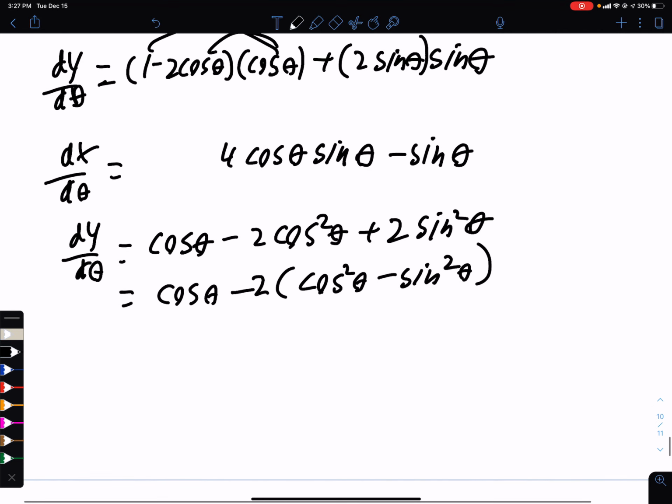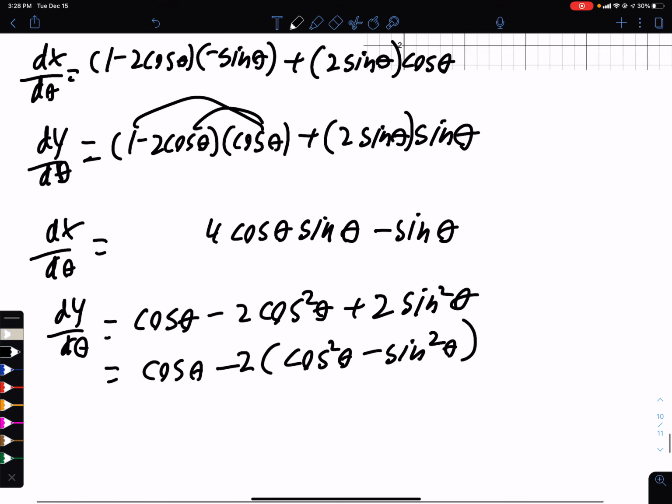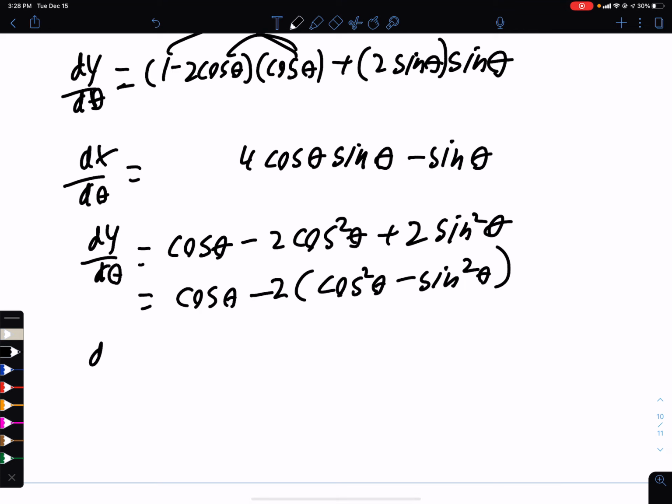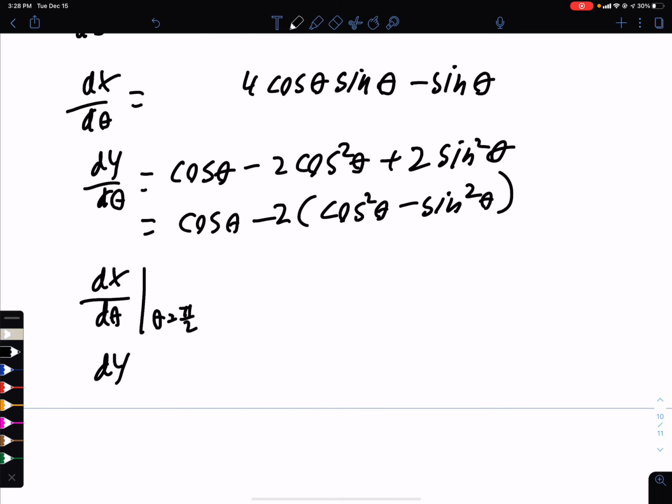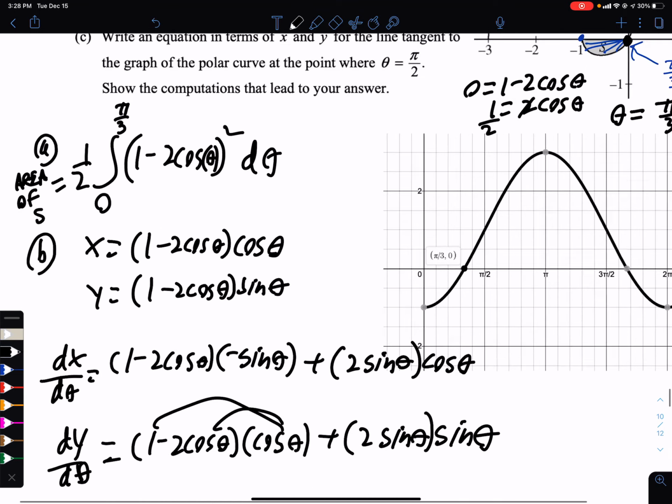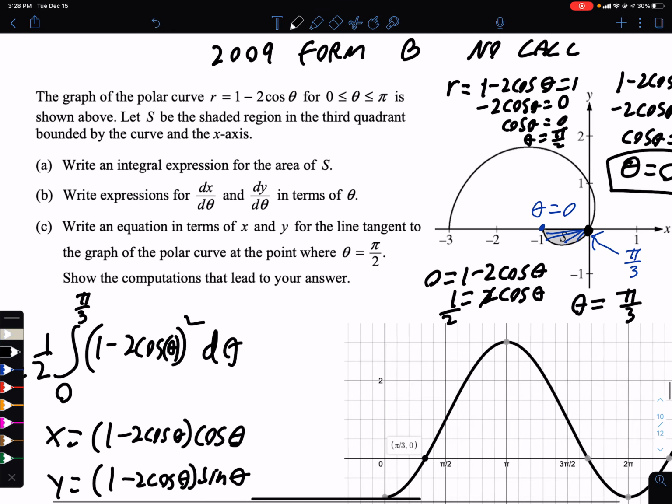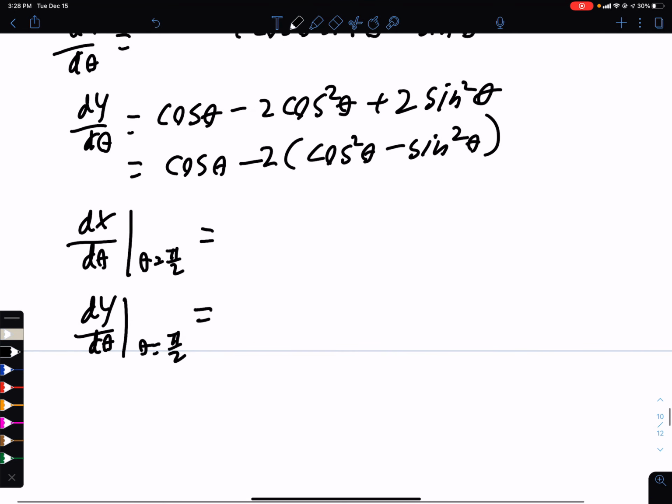We need dx d theta at theta is pi over 2 and dy d theta at theta is pi over 2. This will help us get the slope of the tangent line. Then we have to find the x and y coordinate, which we can do.